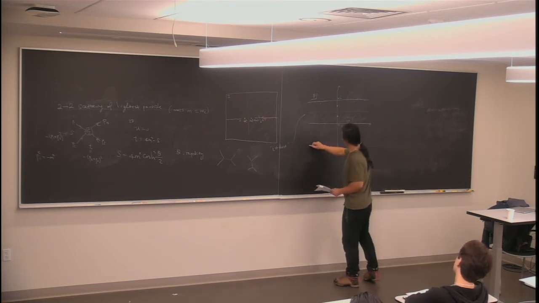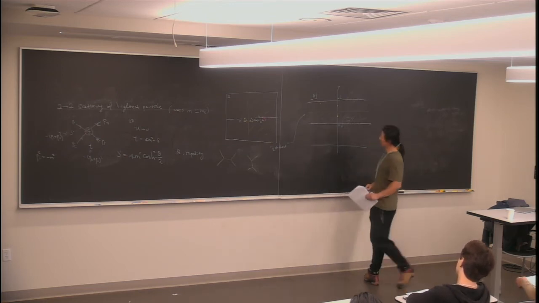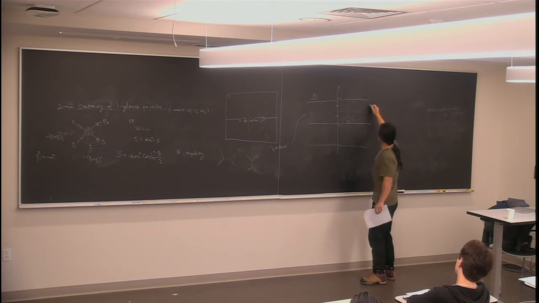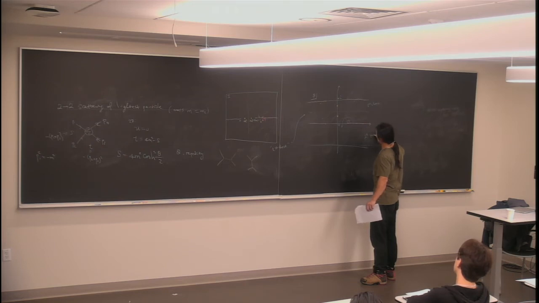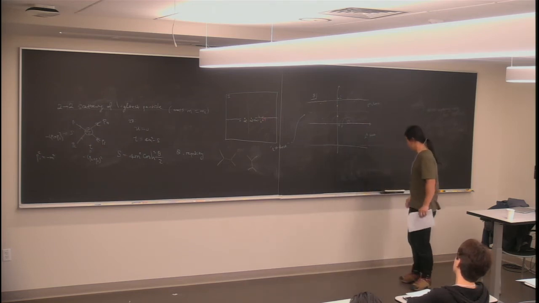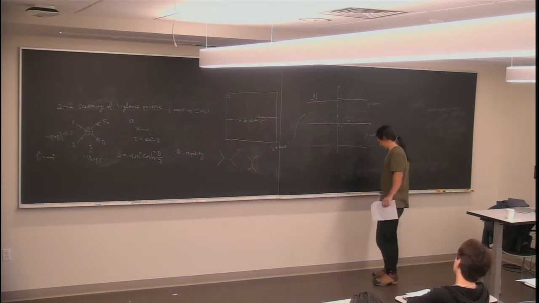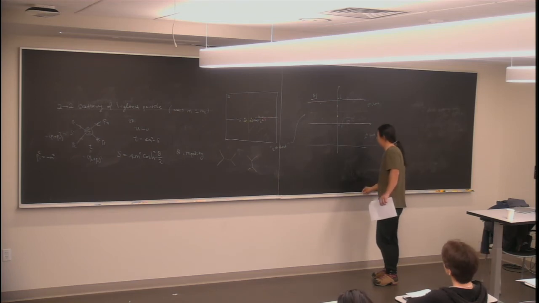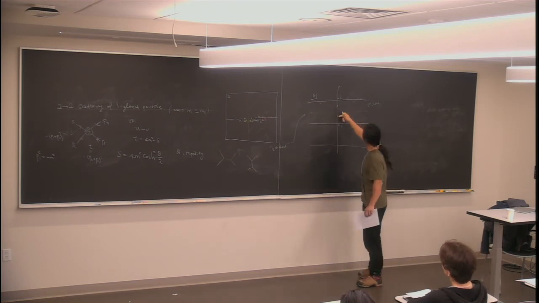And the second sheet is mapped to this strip down here. So this is the first sheet, and this is the second sheet. As I'll say in a moment, all these subcutting poles will be related to zeros on the second sheet, and these zeros will be related to poles on the second sheet.